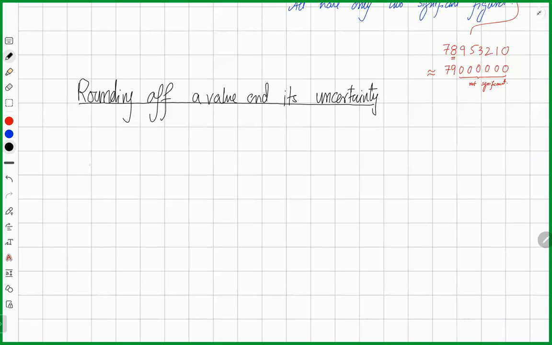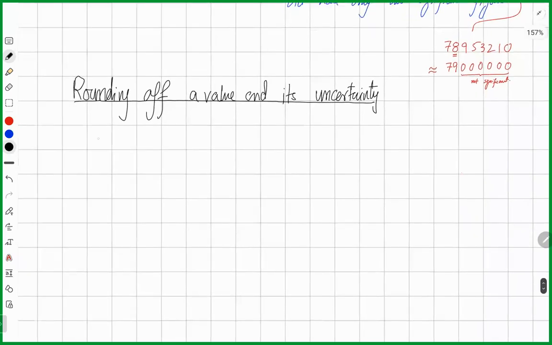For example, you get a value like 13.47943 plus minus its uncertainty, 0.28734.